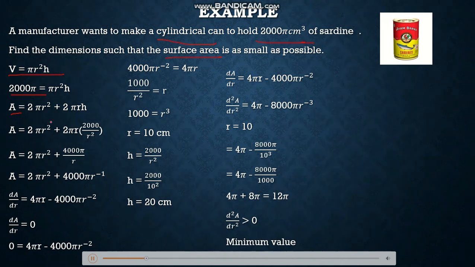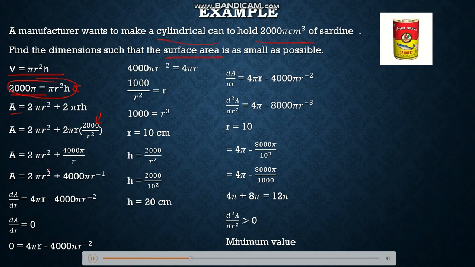A is equal to 2 pi r square plus 2 pi r times 2000 over r square. This value is a rearrangement of the volume equation. We can get the value of h by rearranging this equation. A is equal to 2 pi r square plus 4000 pi over r. We rearrange it so it is easy to solve, because we want to differentiate it later.